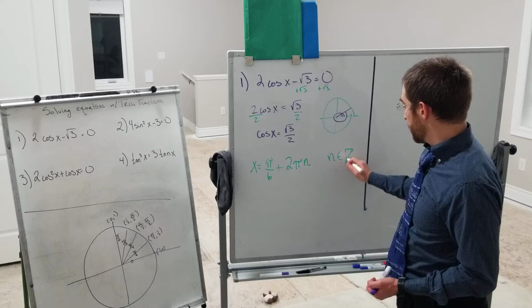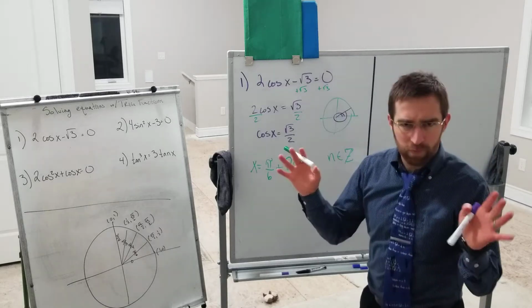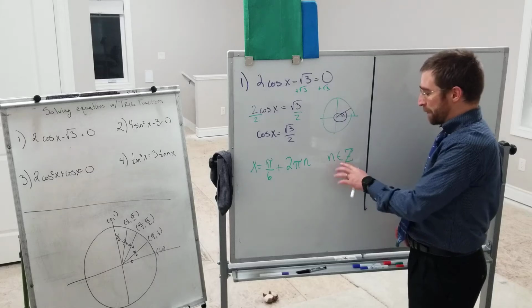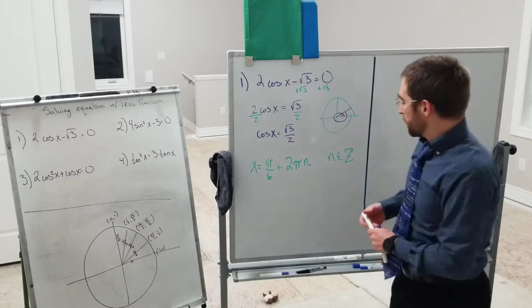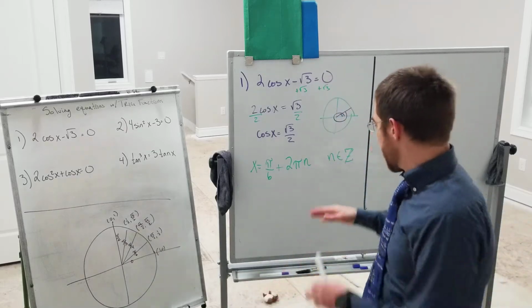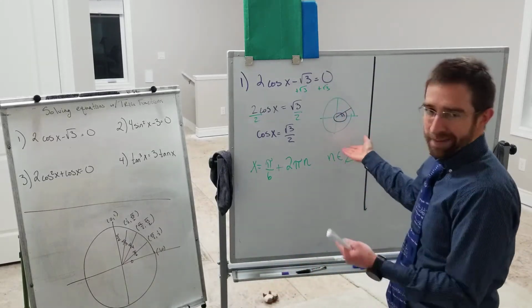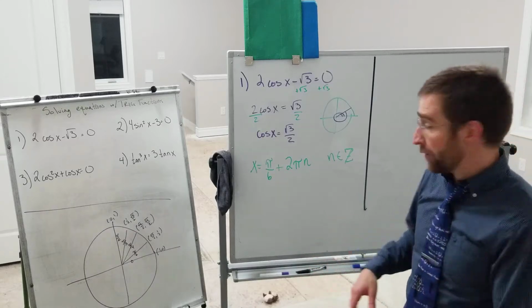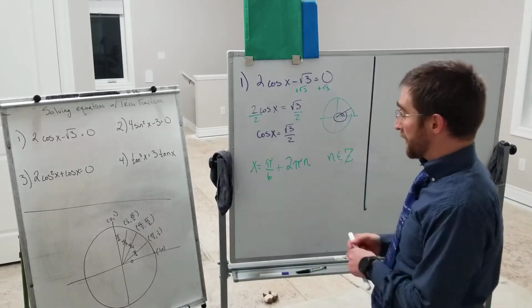The way we write this in math is n is an element of the set of integers, and it's that blackboard bold Z, like a capital Z with a little double line there. Basically it means n is an integer, a positive or negative whole number. All right, so that's one of the possible answers.